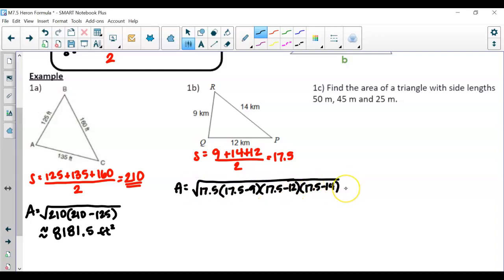Again, if you need to, pause the video so you can practice putting all this in the calculator. The area that you should get is approximately 53.5 square kilometers.